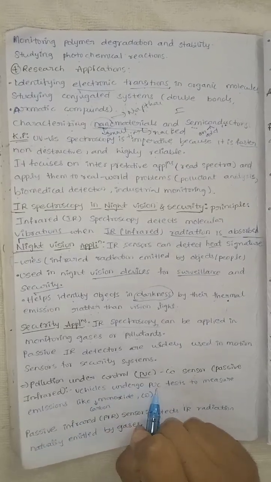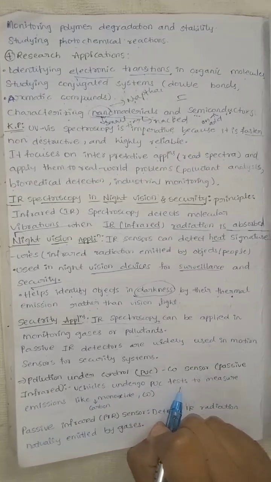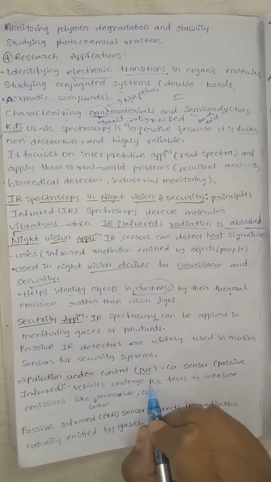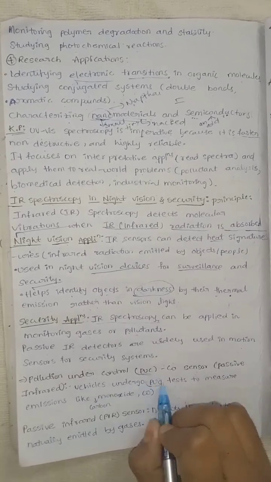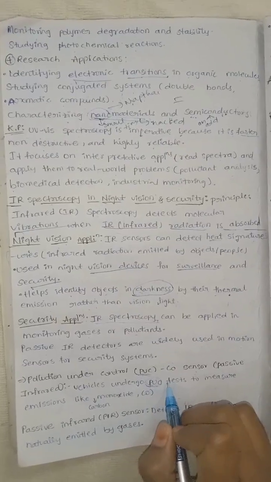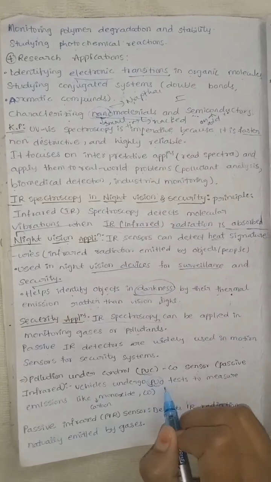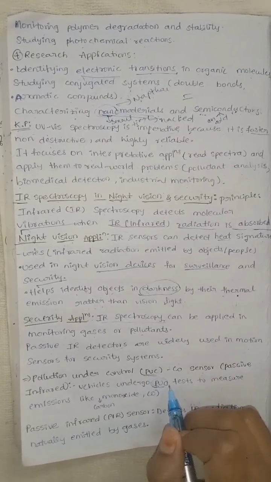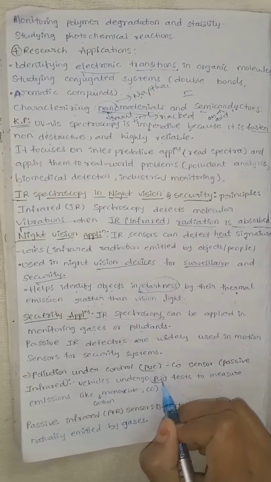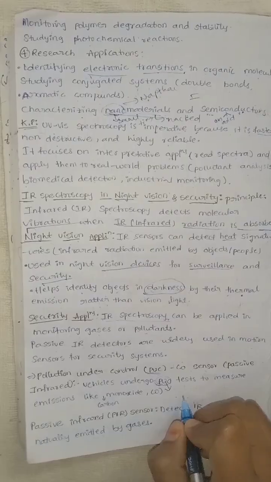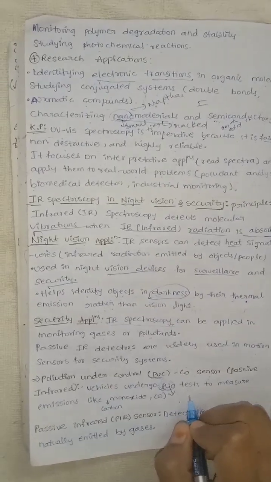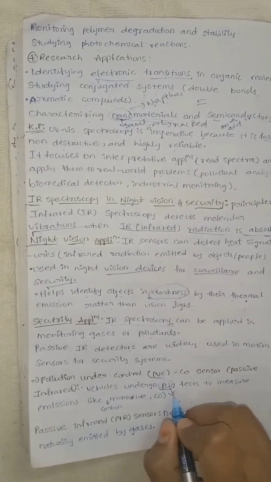Vehicles undergo Pollution Under Control tests, for testing whether the pollution a bike releases is harmful to nature or not. If it is harmful, they will tell people to change the parts of the bike.